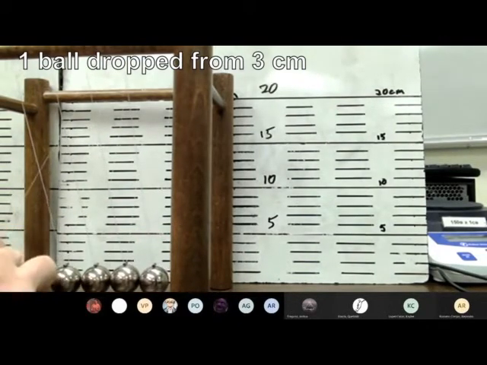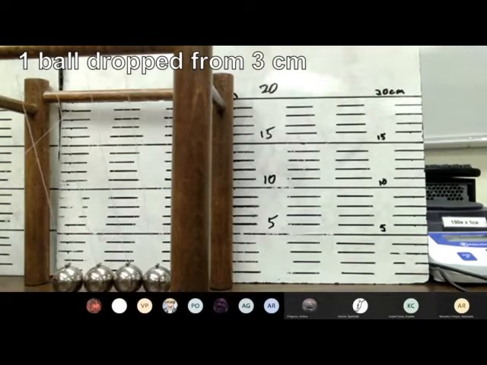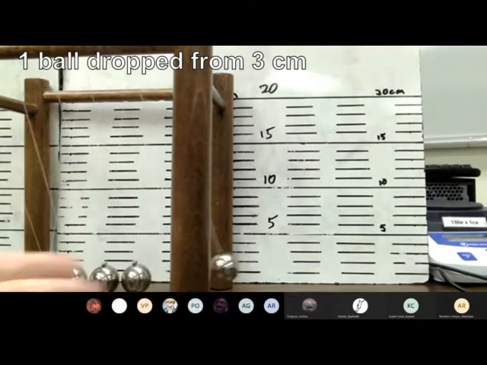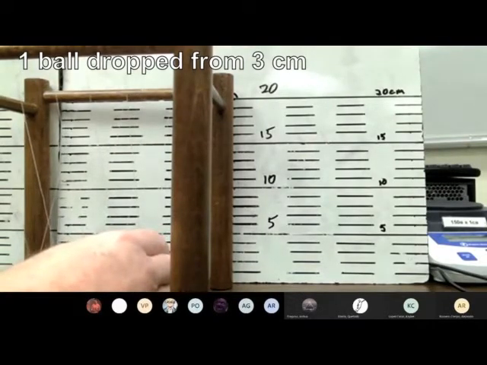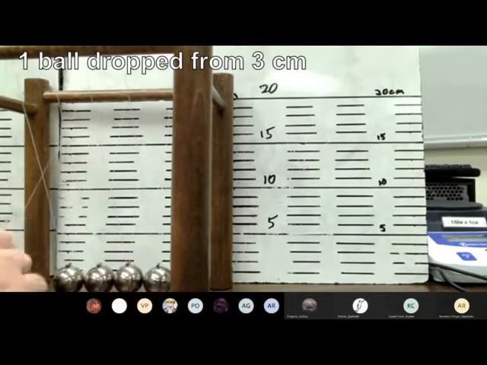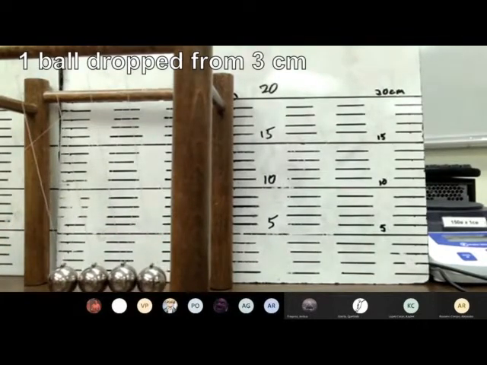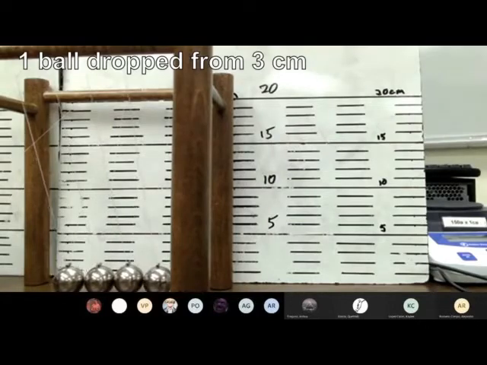It is 1 ball dropped from 3 centimeters high, measure to the bottom of the ball. I'm going to do it a couple more times just to make sure you got your measurements, because I know it's kind of quick. 3, 2, 1. One more. 3, 2, 1.